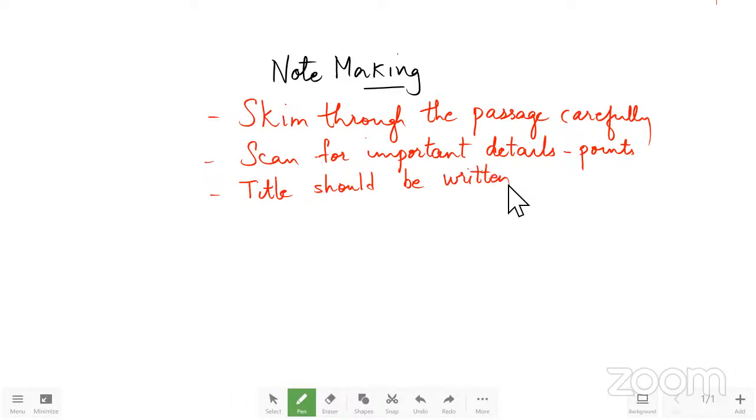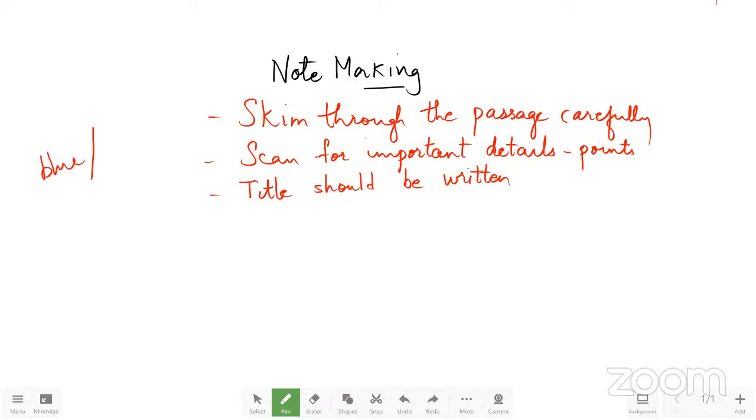When you are reading the passage in the paper, if you have a highlighter or even a pen, underline it. Remember, you cannot use a red or green pen. You can only use blue or black.